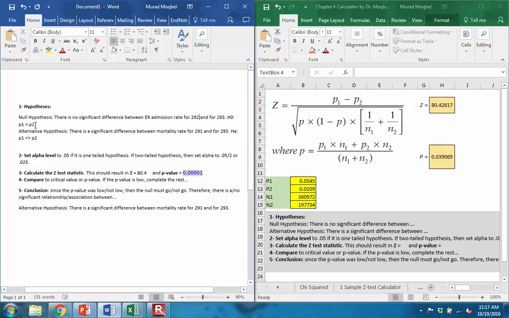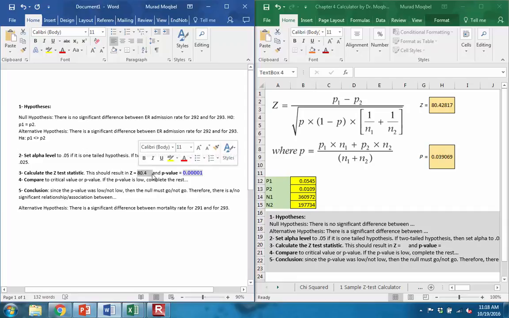So proportion 1 is equal to proportion 2, means they are not different, right? And then the alternative hypothesis is there is a significant difference between ER admission rate for DRG 292 and 293.